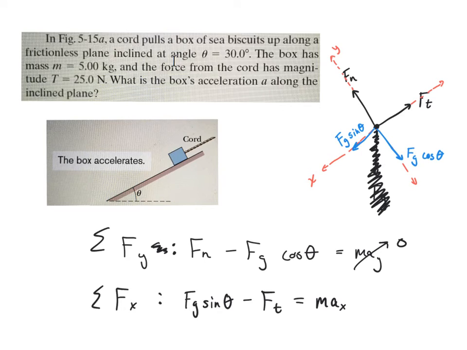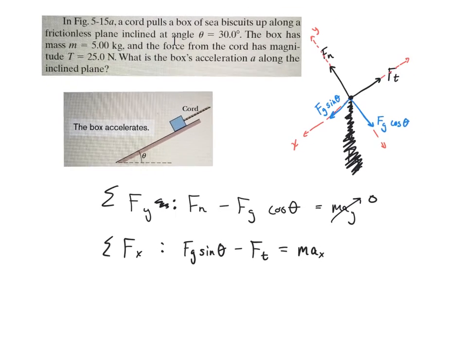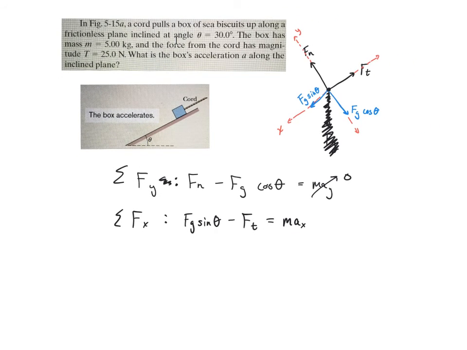So this will become 0 if these were balanced. But this problem says determine the acceleration of the block. So there's a good chance it's not going to turn out to be 0, but let's figure it out. Does the y direction help me at all? Do I need the y direction? Let's see, what do we know? In the problem, we're given tension is 25. We're given the mass is 5. Fg sine theta is really just 5 times gravity times the sine of the angle.